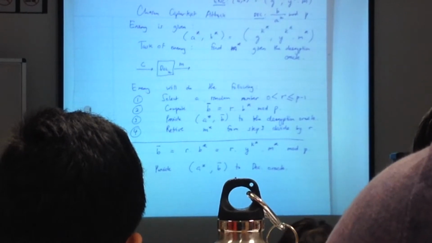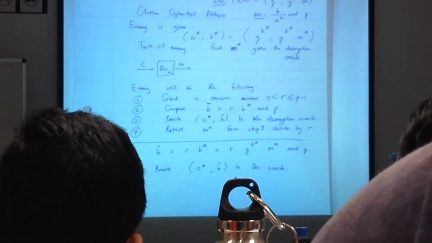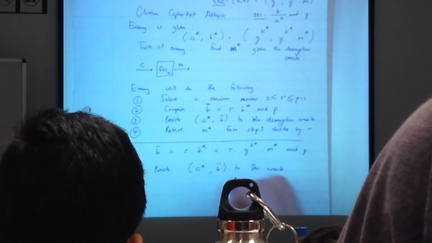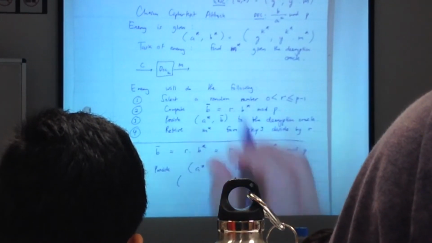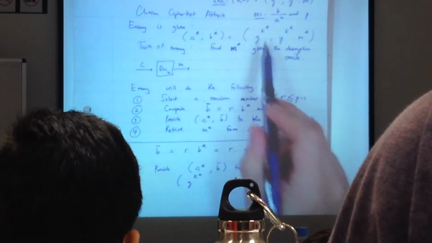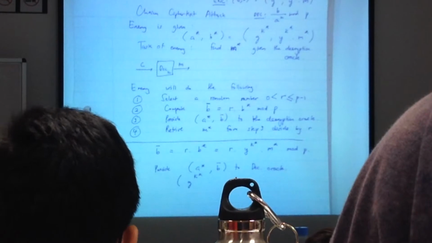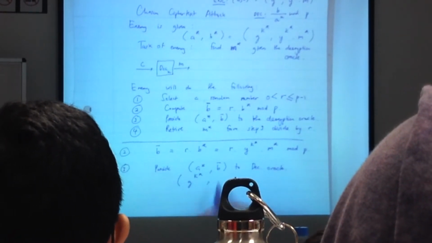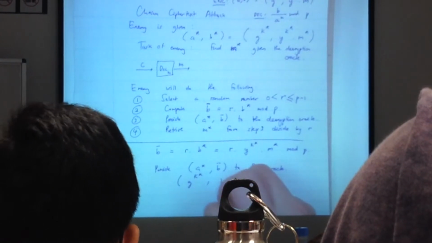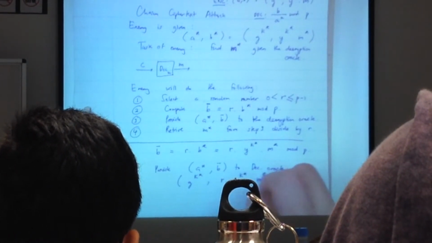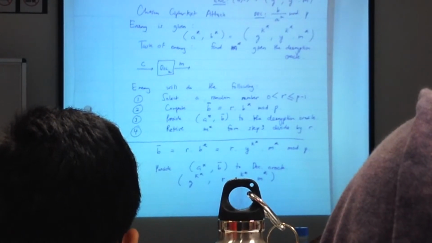What is A star, B bar? A star is G^K star, as per the question. B bar is R times Y^K star times M star. Of course, we do not know K star and we do not know M star.